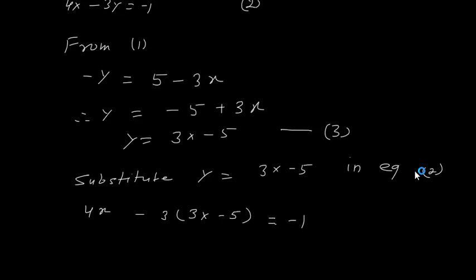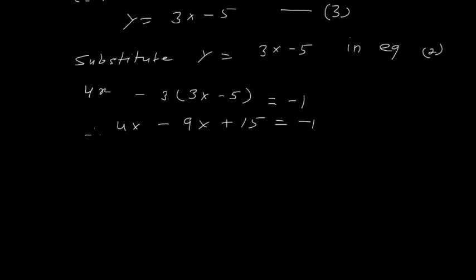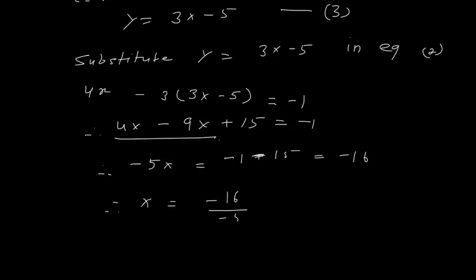So therefore I have 4x minus 9x plus 15 is equal to minus 1. 4x minus 9x is minus 5x. So therefore minus 5x is minus 1 minus 15, that is minus 16. So therefore x is minus 16 upon minus 5, which is equal to 16 upon 5.